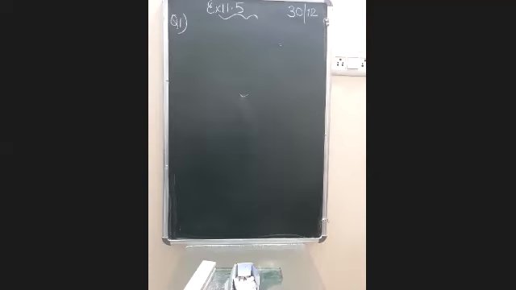Chalo, first question number 1 says: state which of the following are equations with a variable. Give reason for your answer, and identify the variable from the equation with a variable.